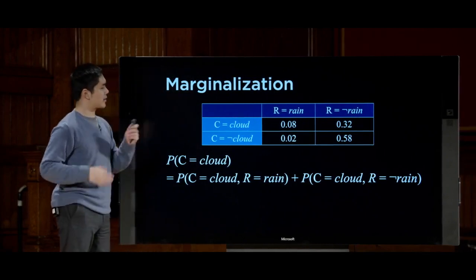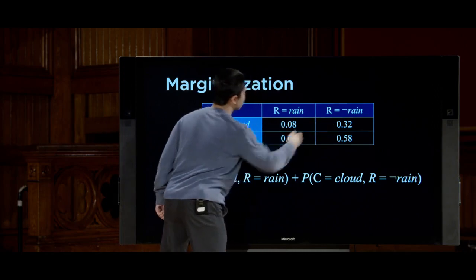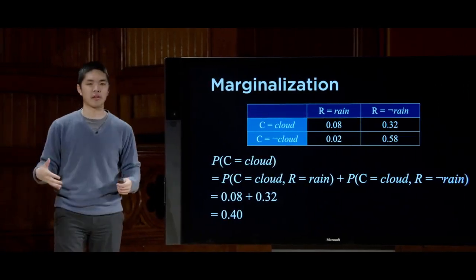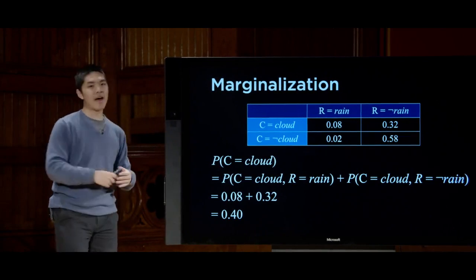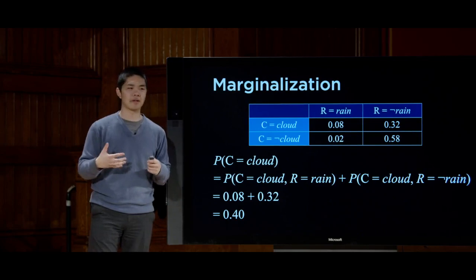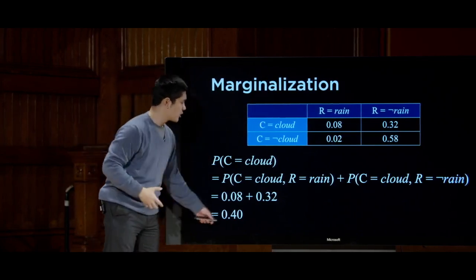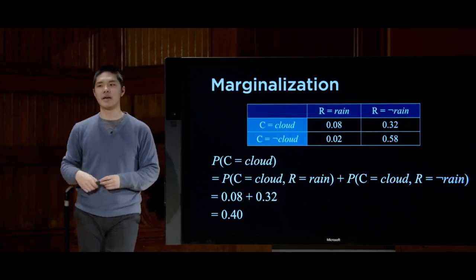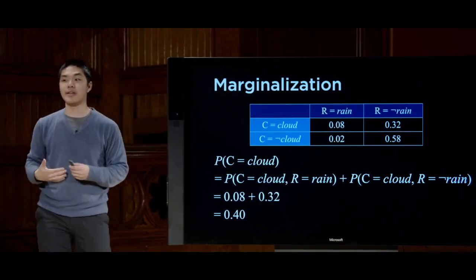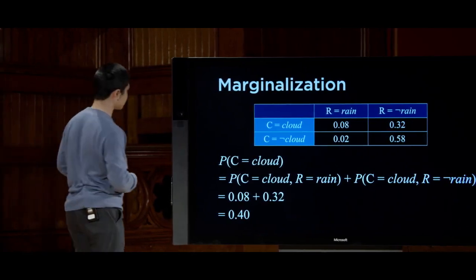And the probability that it's cloudy and not raining is, all right, here's cloudy, here's not raining. It's 0.32. So it's 0.08 plus 0.32, which gives us 0.4. That is the unconditional probability that it is, in fact, cloudy. And so marginalization gives us a way to go from these joint distributions to just some individual probability that I might care about. And you'll see a little bit later why it is that we care about that and why that's actually useful to us as we begin doing some of these calculations.